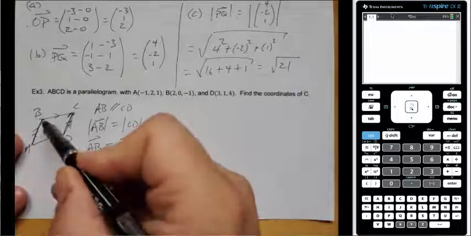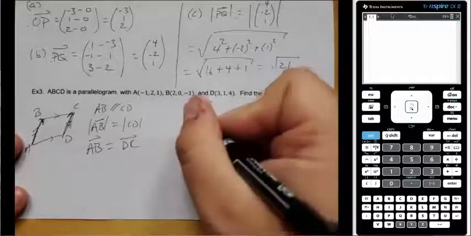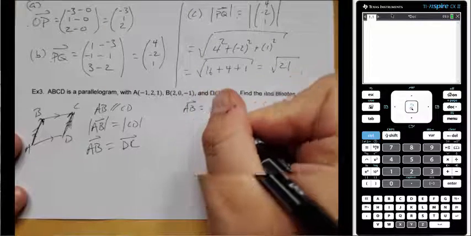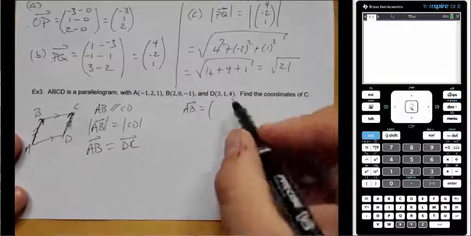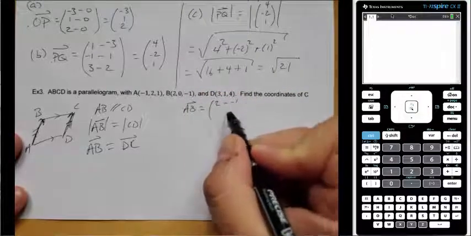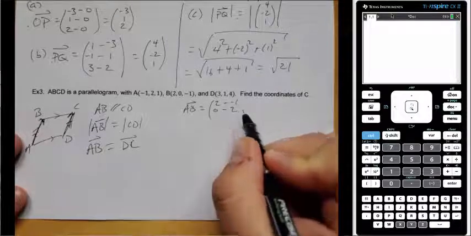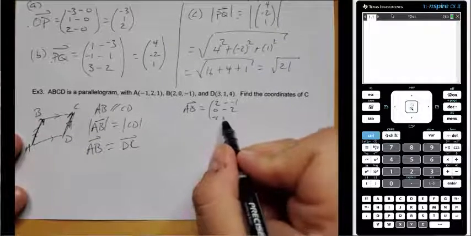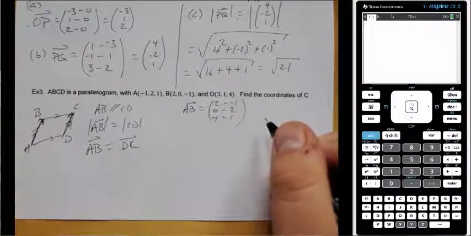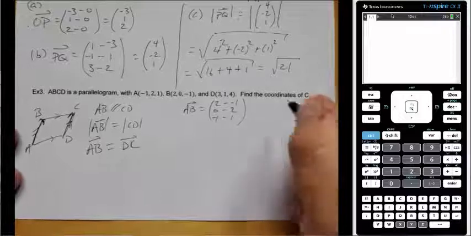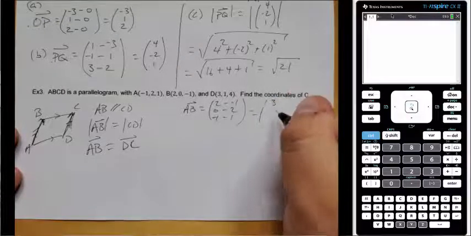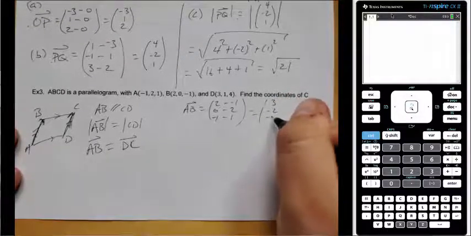AB, because of the 2 points, I know that AB is B minus A, so 2 minus -1, 0 minus 2, and -1 minus 1, which is 3, -2, -2.